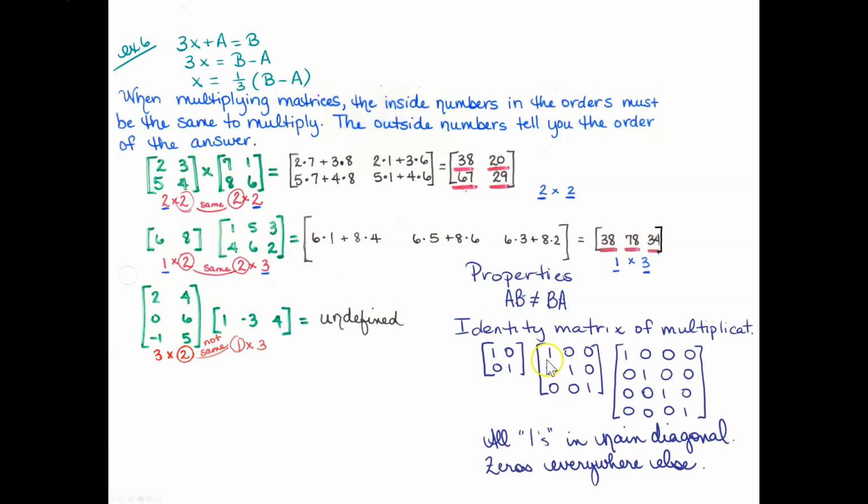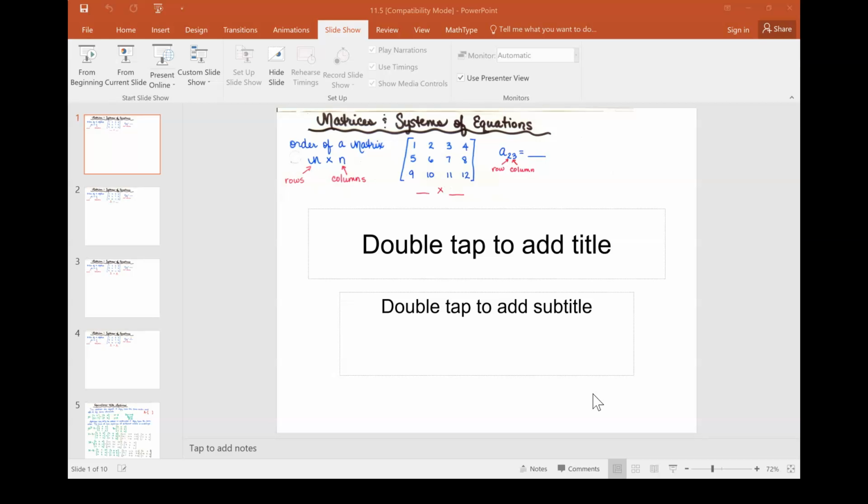In this diagonal that goes from first row, first column to last row, last column, we call that the main diagonal. That will be all 1s. Everything else will be 0s. So if I was drawing a 10 by 10, I would put 1s in the main diagonal that went from first row, first column to 10th row, 10th column, and I'd put 0s everywhere else. So that's our identity matrix.